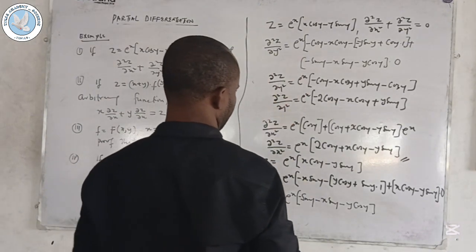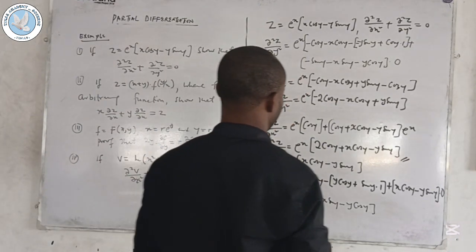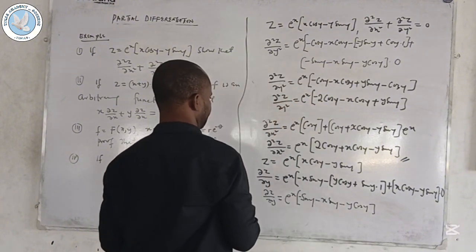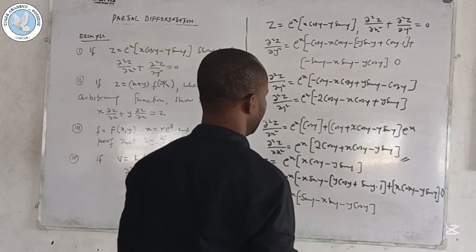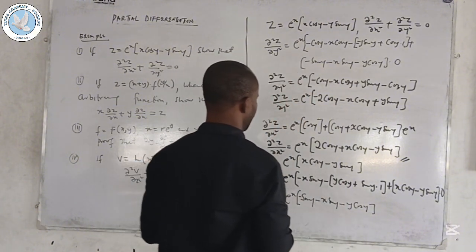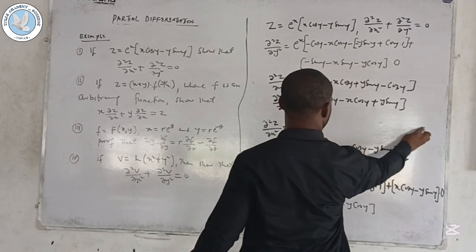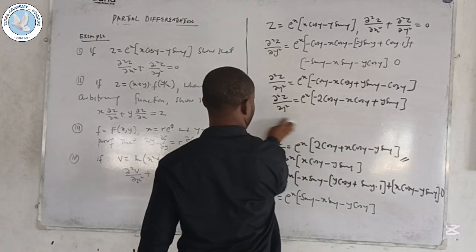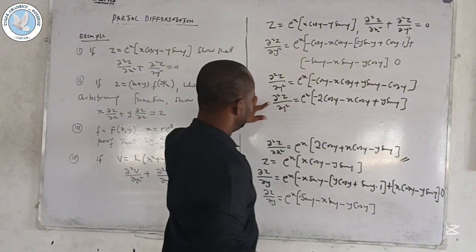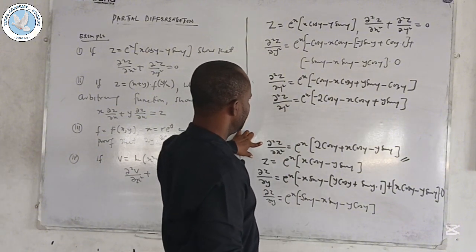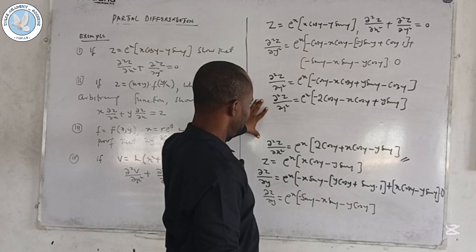It is left for us to act and see if we are going to have what we were asked to prove. So at this point, we got this and this.